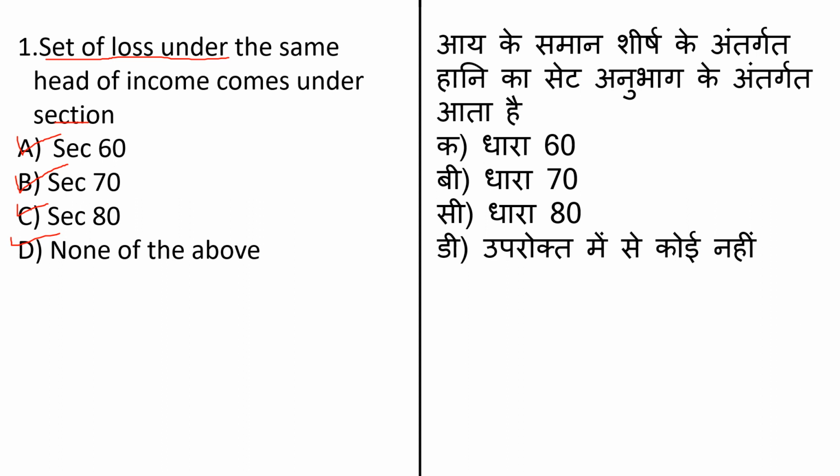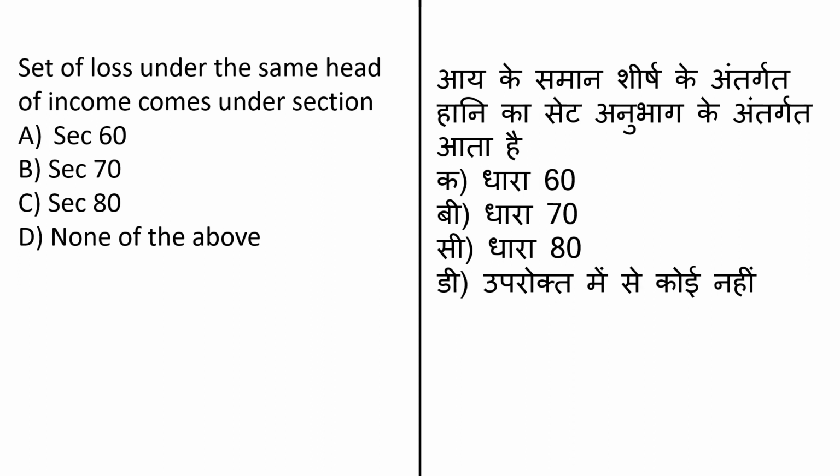The benefit of this deduction can be availed by individuals and HUFs. If you know someone, or if you work under a CA or a tax consultant, you will get the idea that the 80C section is used for tax saving.